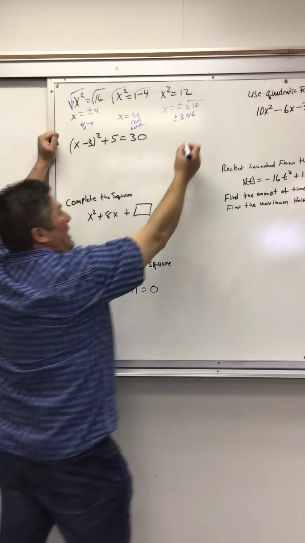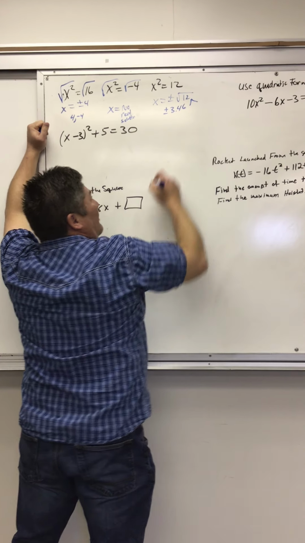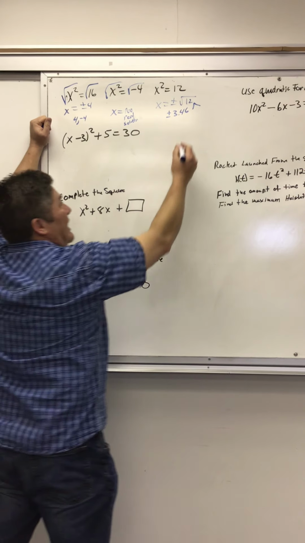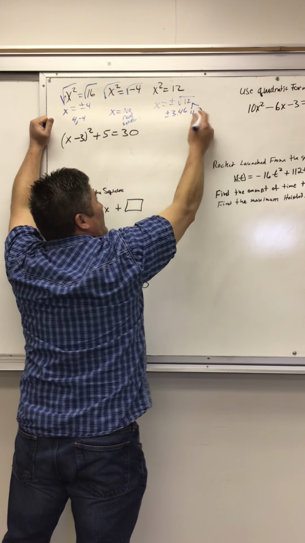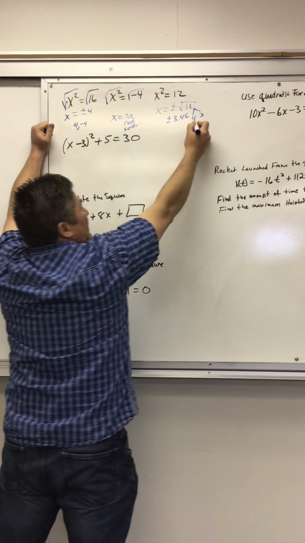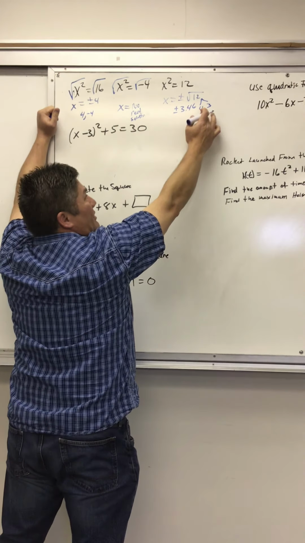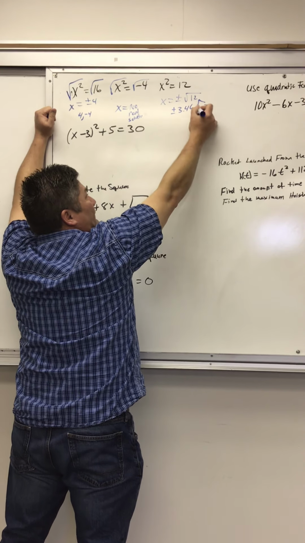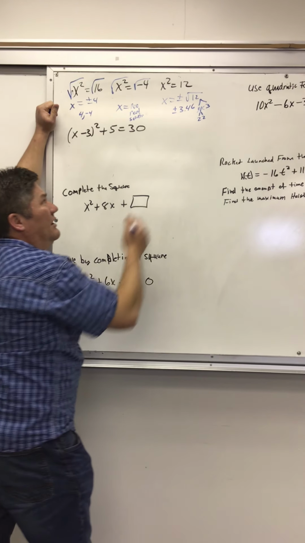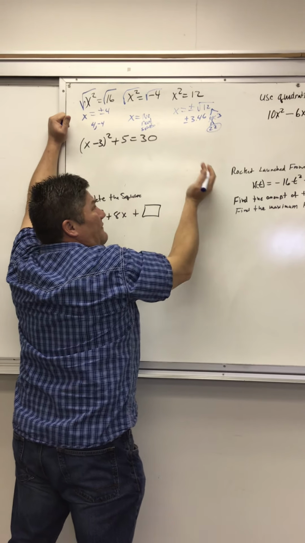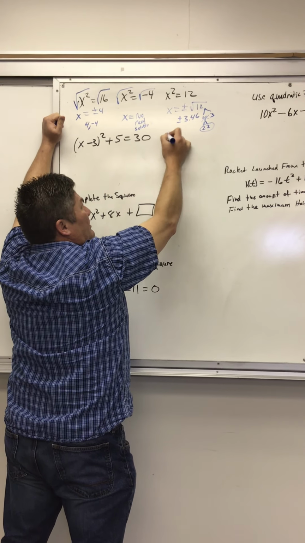Or it might want it in exact form, which means you need to factor tree that down. That's going to be a 4 and a 3. 4 times 3 is 12. And then the 4 would be a 2 and a 2. 2 times 2 is 4. Now remember, when you factor tree down, that 4 goes away. Now I have 2 of the same factor, the 2.